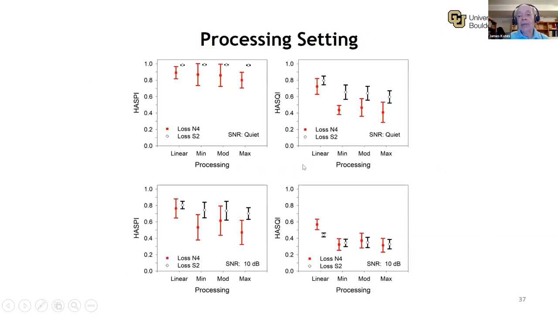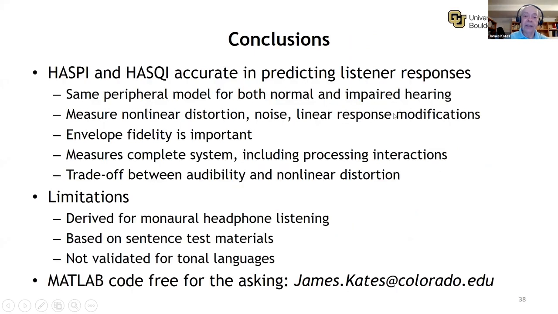As we increase the aggressiveness of the hearing aid processing, if we look here at our quality prediction in quiet, what we can see is that as we make the processing more aggressive, the quality goes down, both for the sloping loss and for the flat loss. So again, we can see that this trade-off between amplification and nonlinear distortion is something that we can measure, and we believe this is important in hearing aid processing.